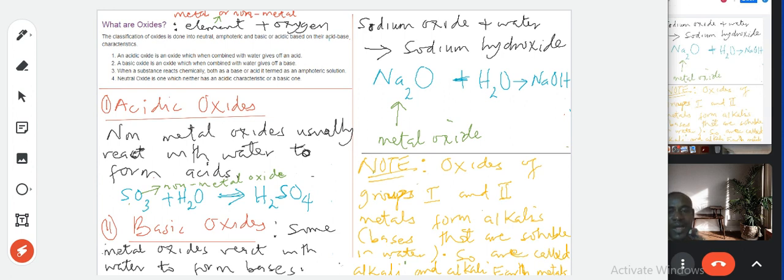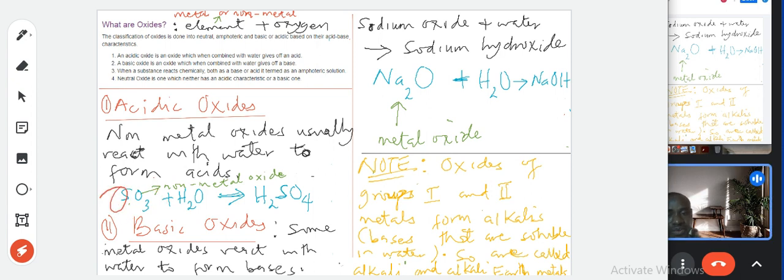Now, acidic oxides are usually formed by non-metals when they react with water to form acids. First of all, non-metal oxides usually react with water to form acids. Non-metal oxides like SO3.